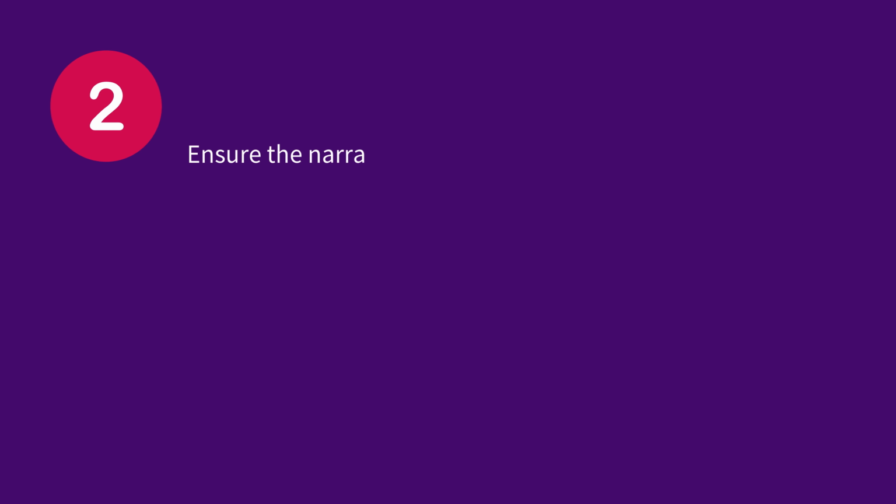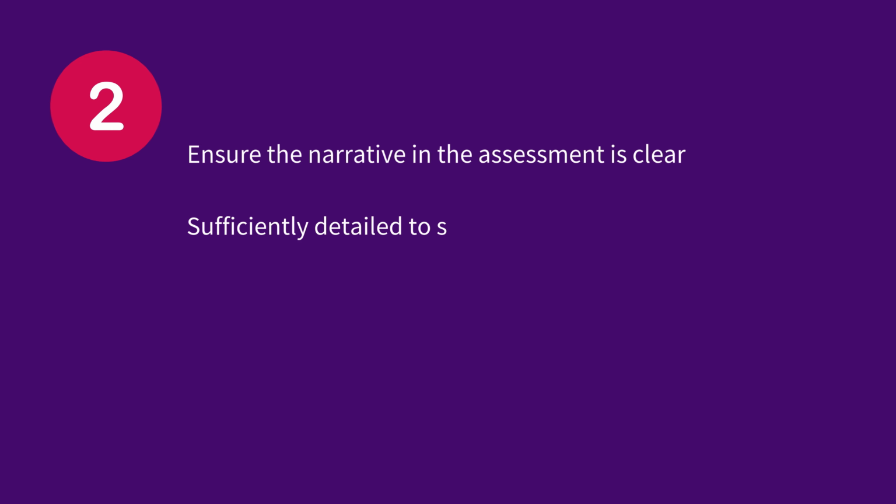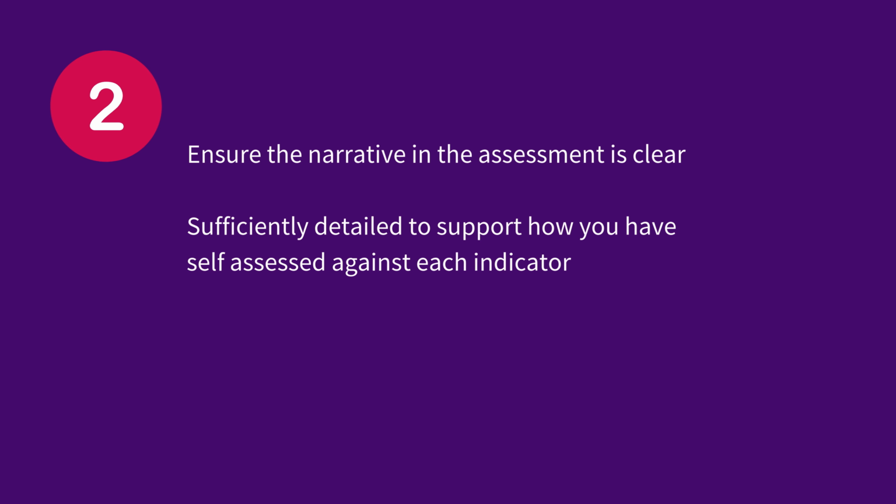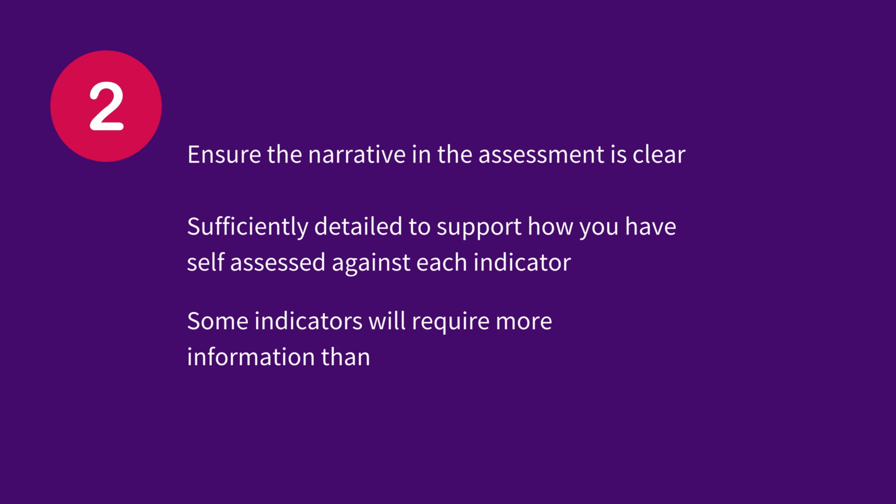Secondly, just make sure that your narrative in the self-assessment web form is clear and it's sufficiently detailed to support how you have self-assessed against each indicator. Now, in some of those indicators, the narrative won't need to be long because they will either be yes, no, or part answers, whereas in other indicators, you will need to put more narrative in to explain your self-assessment against them.